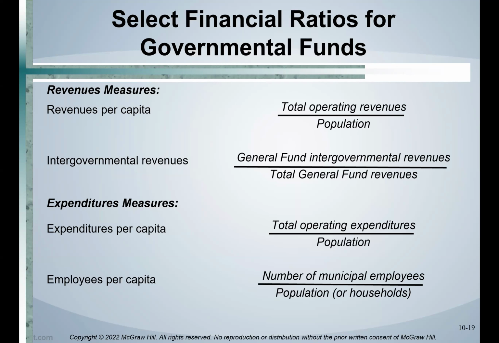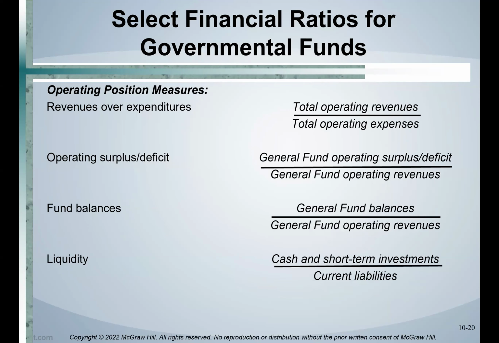So this is where we start, guys, getting into ratios, and I don't want to sit here and read every single ratio off to you. I think that would get a bit daunting for us. But you can see some of these: general fund operating surplus deficit.